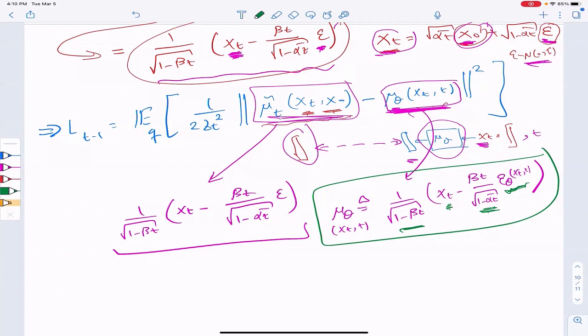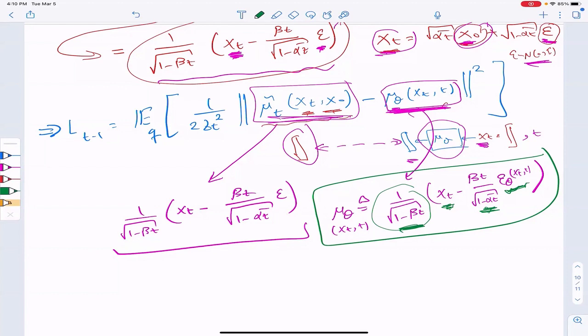But how did I pick these constants? Why 1 over square root of 1 minus beta? Do you have any clue? So why this particular constant? Why not another constant here?